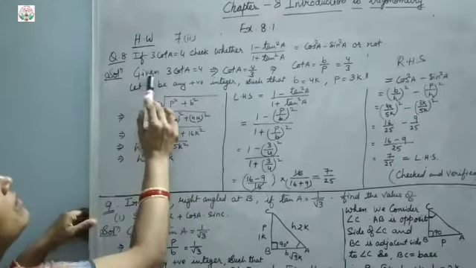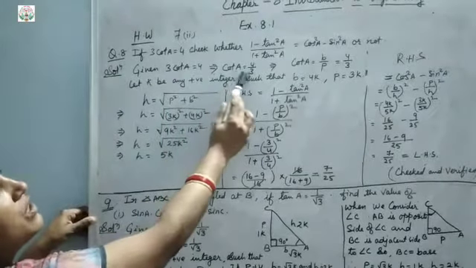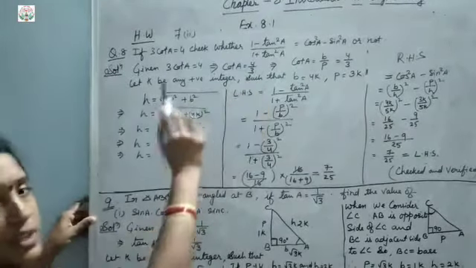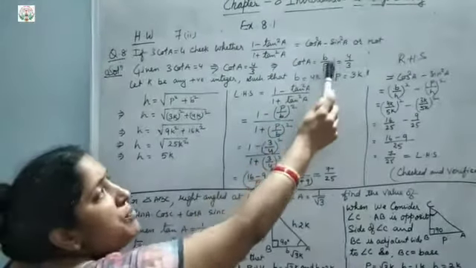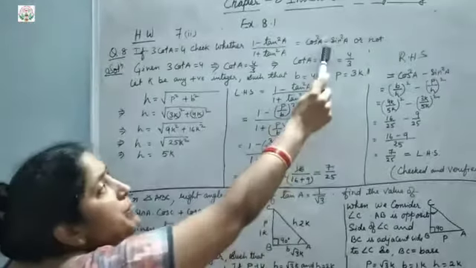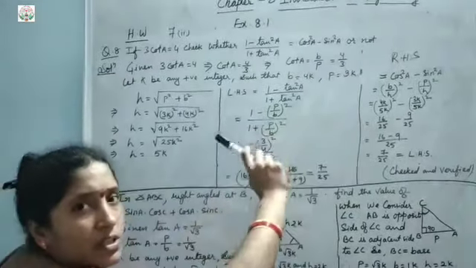So now given 3 cot A equals 4. Implies cot A equals what? 4 upon 3. We know the ratio of cot A is base upon perpendicular, B upon P, which equals 4 upon 3.